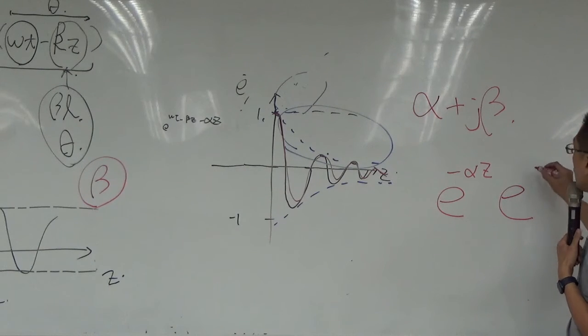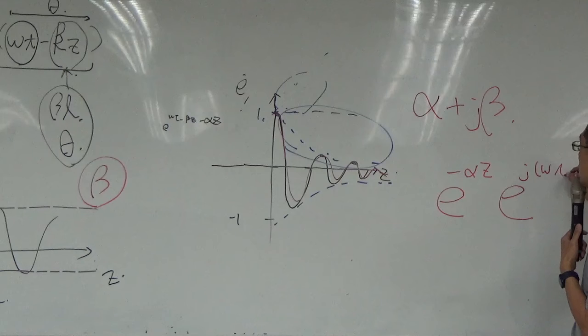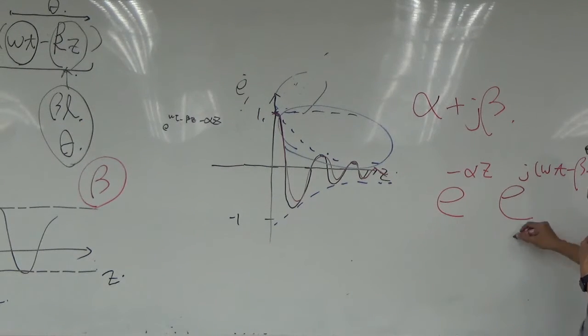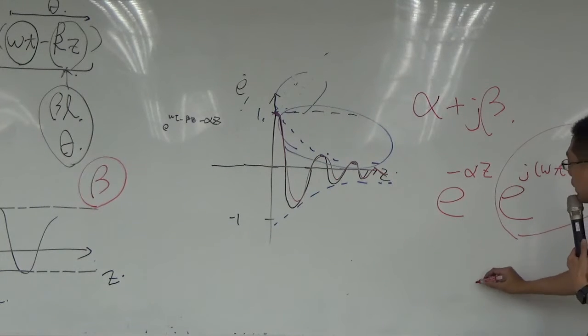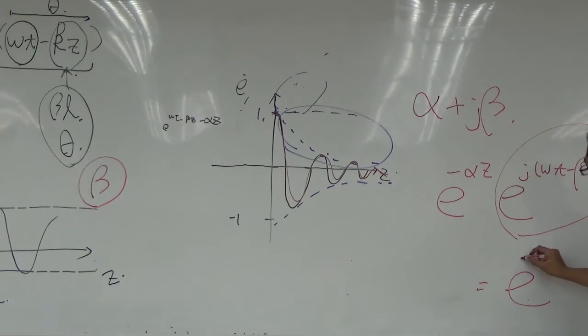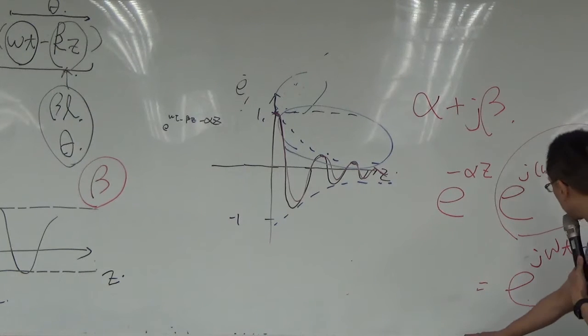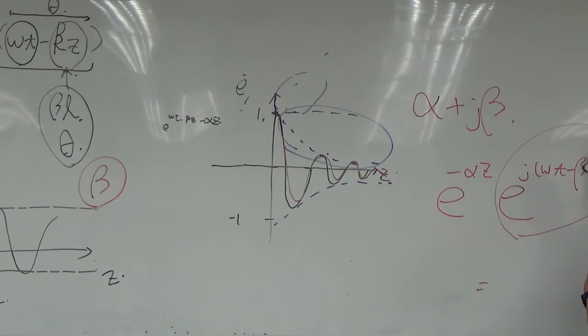Exponential j omega t minus beta z. This is our original phasor form, right? This one equals minus j omega t minus alpha z. I want to get rid of omega t first.